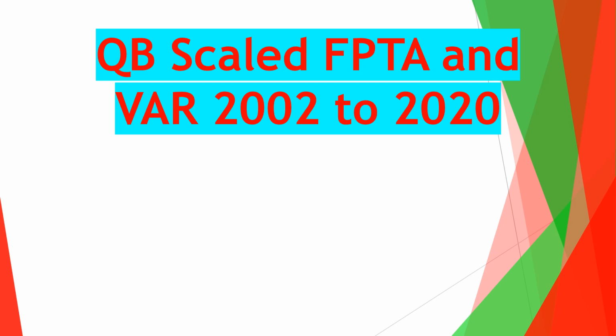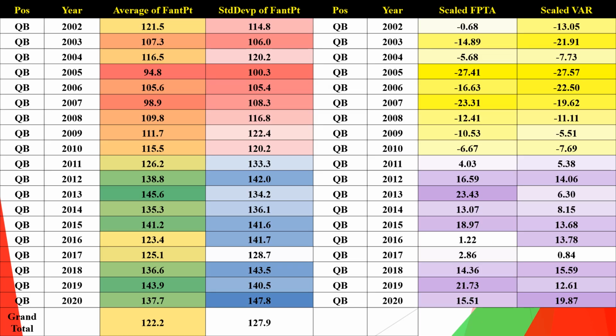So I'm interested in something called scaled metrics. These are scaled usually to the average, and that gives you a little finer view of what the data is really telling you here from 02 to 20.